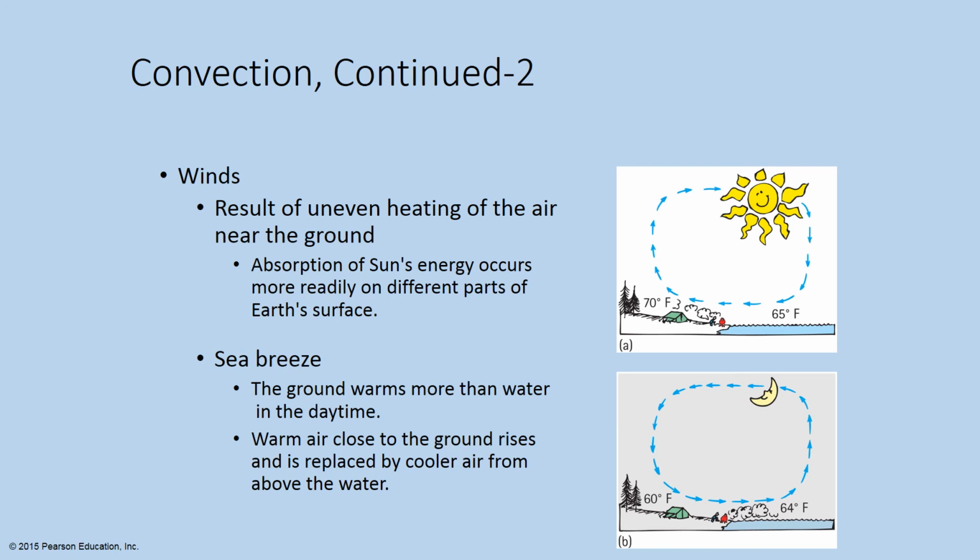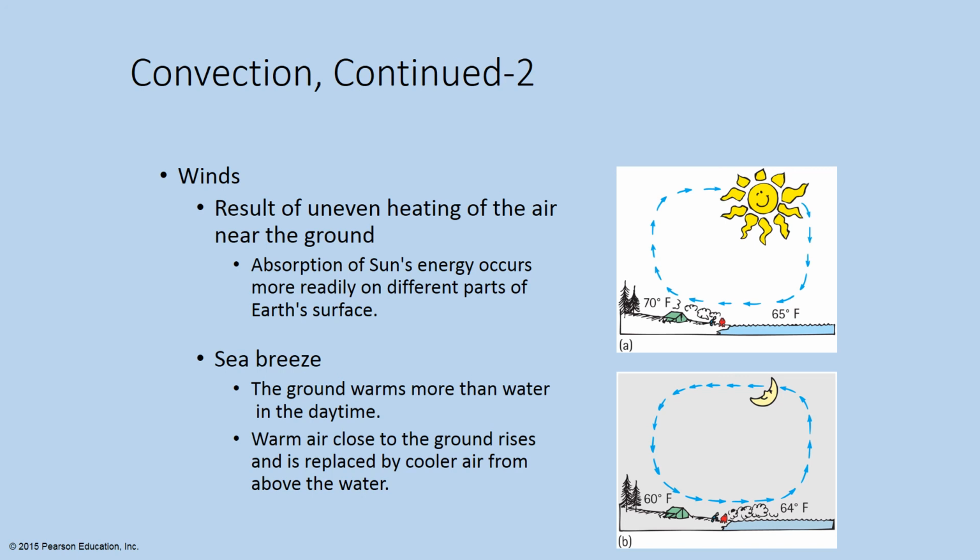Now, at nighttime, the opposite effect occurs, namely that the land will cool down much more rapidly than the water. The water temperature doesn't budge significantly. And so now we have more heating of the air over the water than over the land.